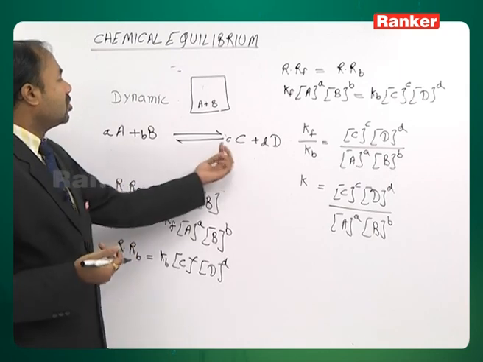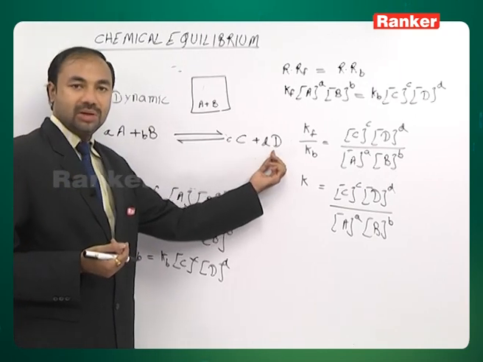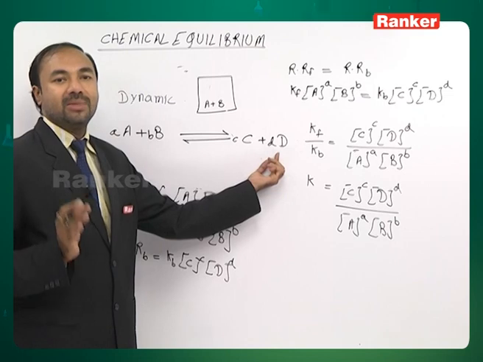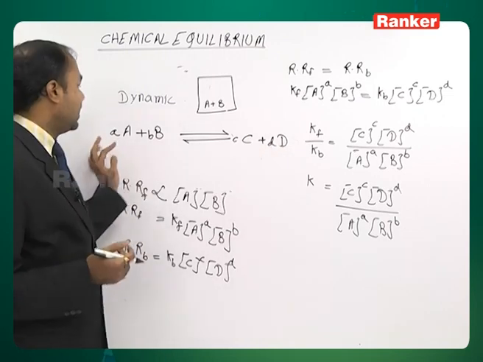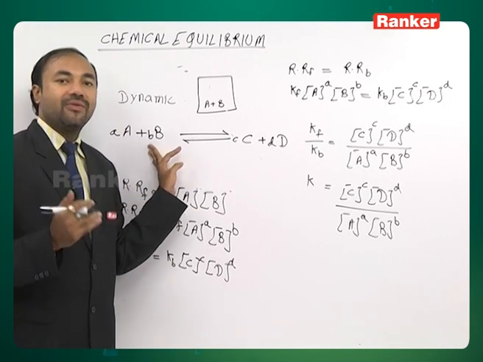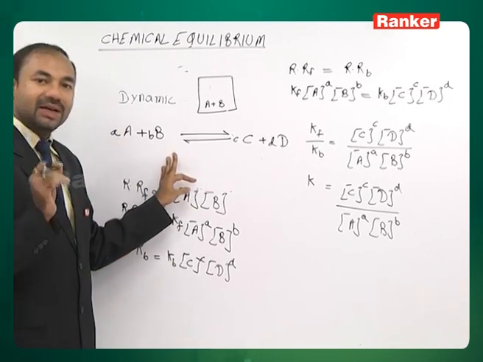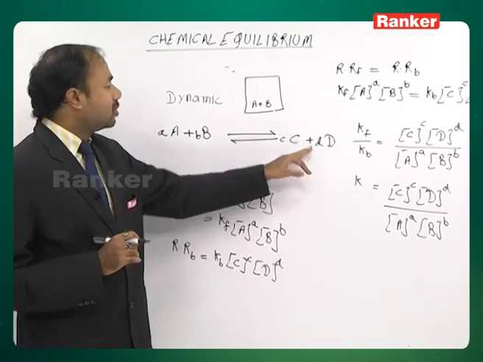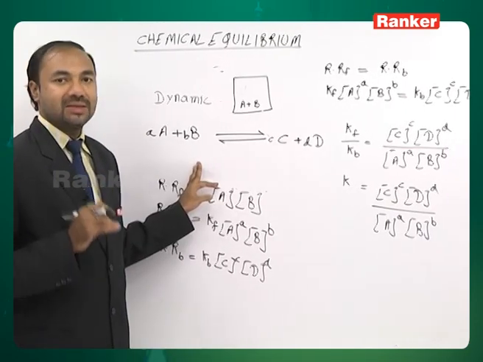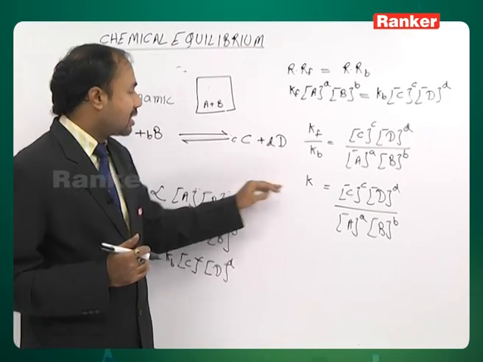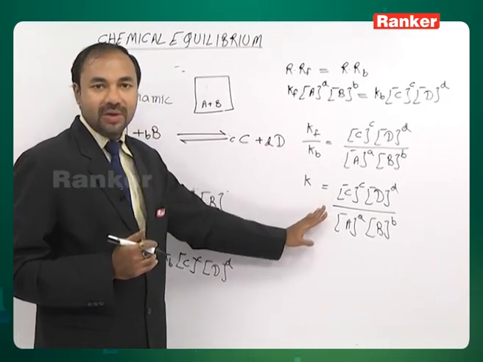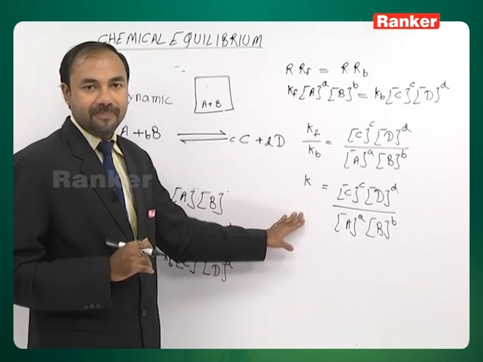Whatever amount of C and D is produced, in the same time exactly the same amount is converted back into A and B. Same thing happens with A and B also, whatever amount of A and B decomposes, exactly the same amount in the same time is produced by C and D. As a result, although the reactions are still proceeding, concentrations become constant. This is known as dynamic equilibrium.